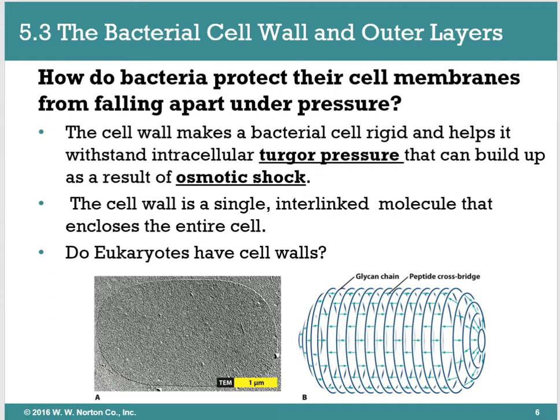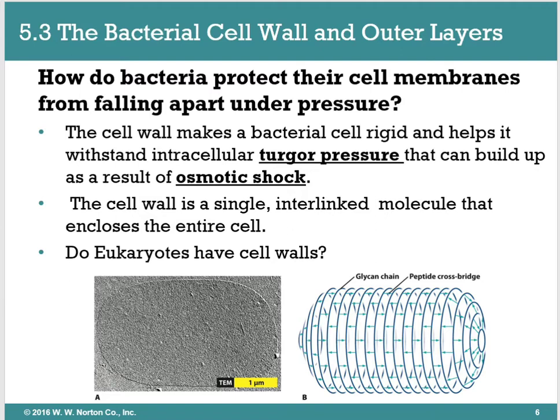So it creates this balance, and with the fact that the cell wall is very rigid, the cell doesn't collapse in on itself because of pressure and the osmotic shock. The osmotic shock has to do with water movement, and that's pretty much all I want you to know. But just know that turgor pressure plays a huge role in allowing the cell not to collapse in on itself.